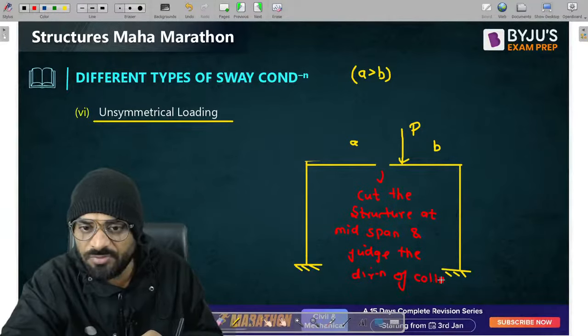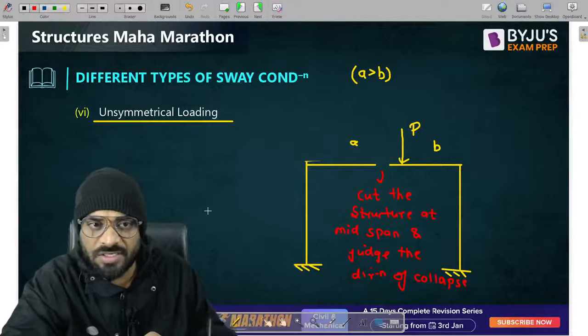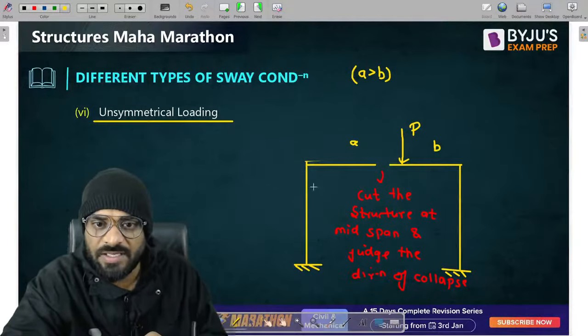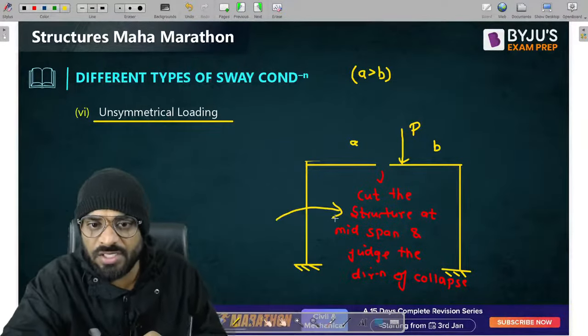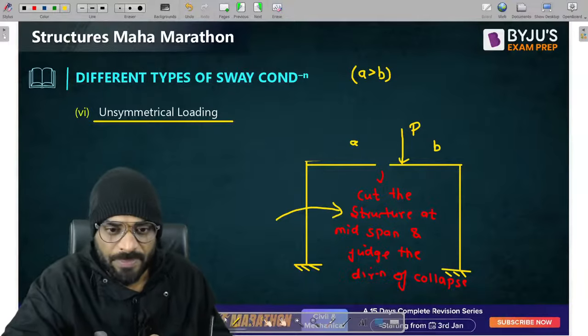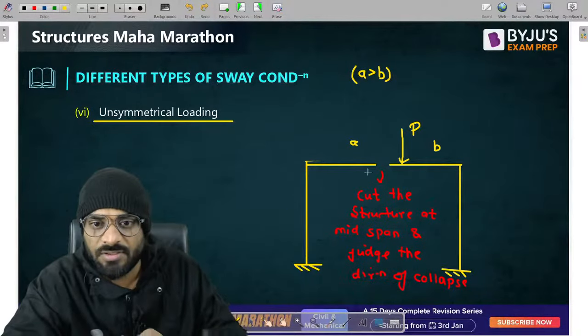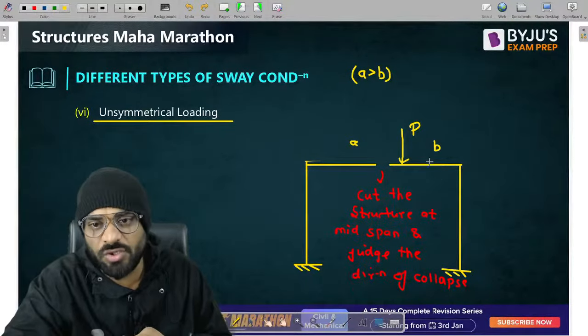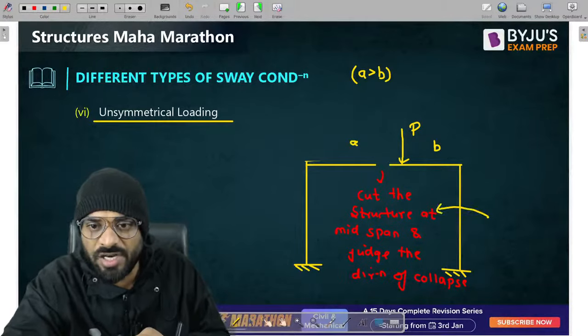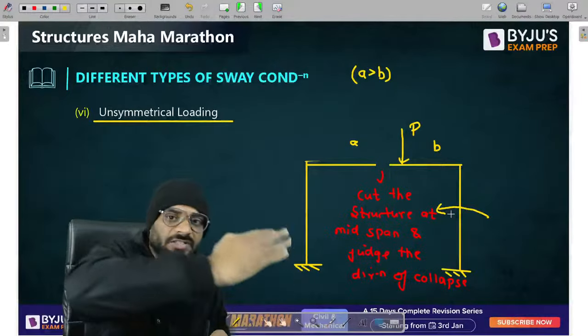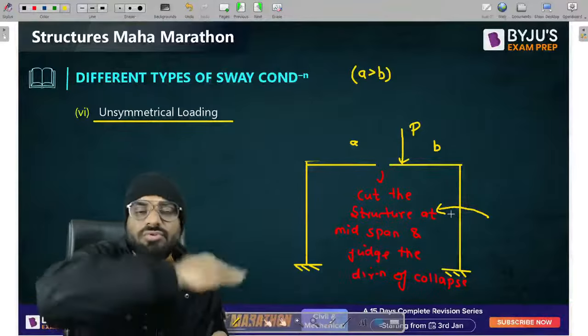Now kindly observe in which direction the structure is trying to collapse. So you can see, guys, this particular part will try to settle down in this direction. This is the portion in which loading is there. So this particular part will try to move in this particular direction. So in this way, our structure will try to sway.